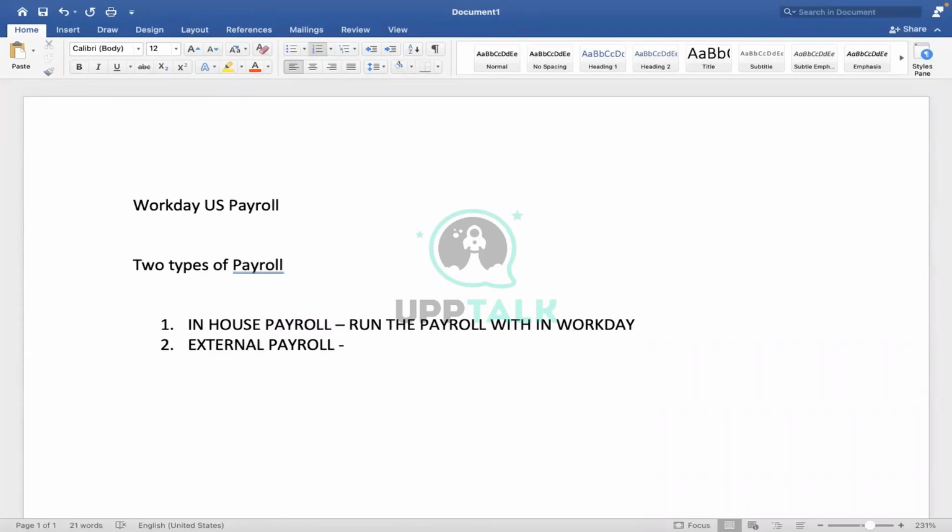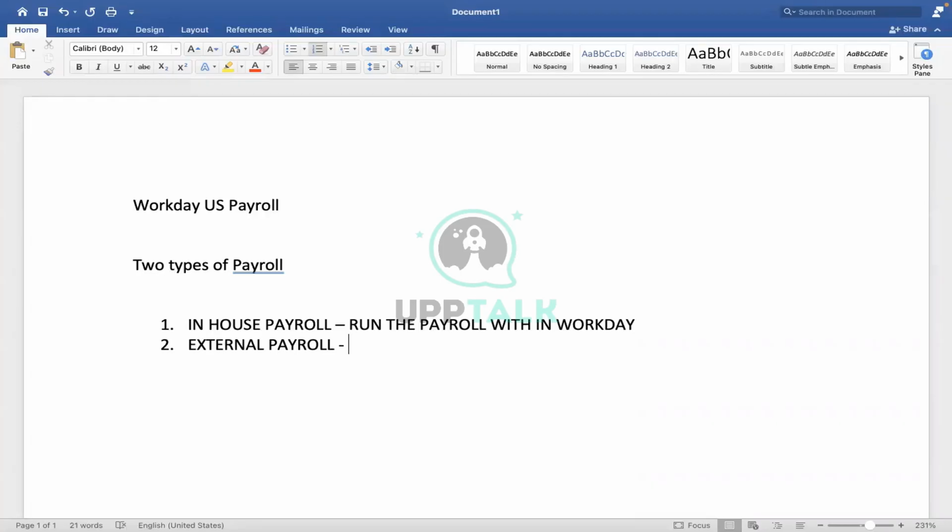External payroll means we are running the payroll with vendors outside of Workday, which means I might have compensation and core HR data, but payroll will be processed with ADP, Paycheck, and others. BSI, ADP are also tax processors.